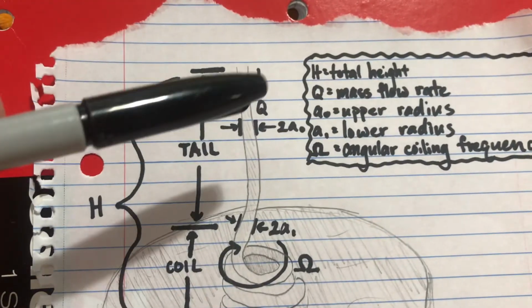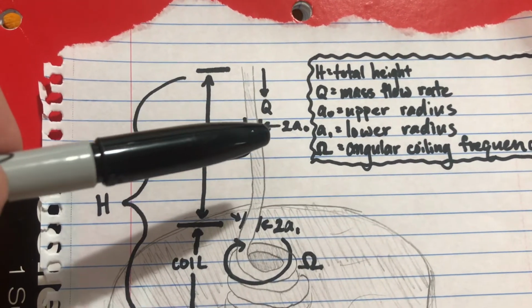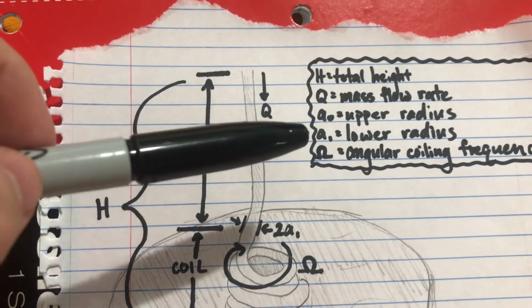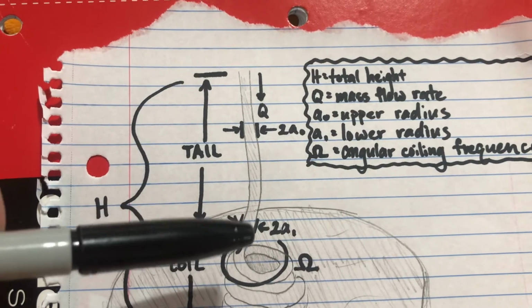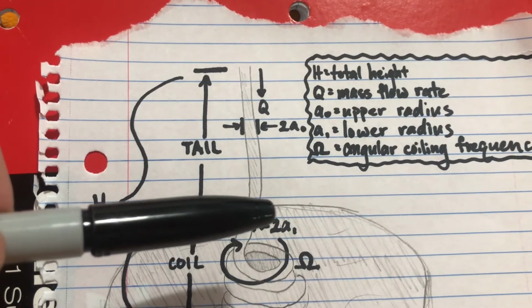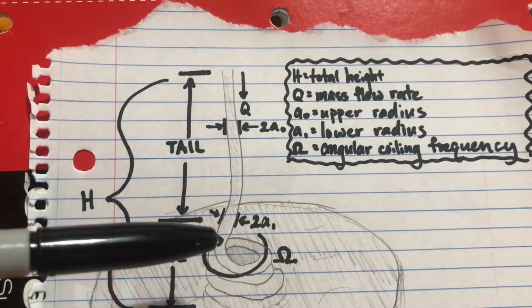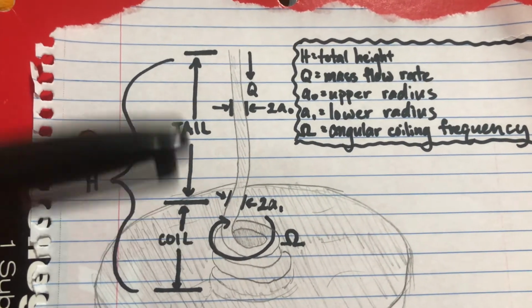Now we also have the mass flow rate, which is q, and the upper radius, or the radius of the tail end of the honey, and that is a sub 0. And then the lower radius of this honey right here down in this section is a sub 1. And now what's really cool about this is the angular coiling frequency, and that is the speed at which the honey will coil.